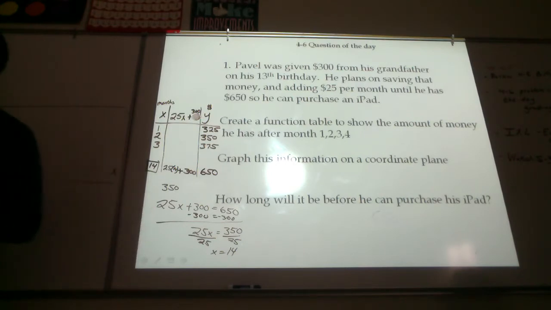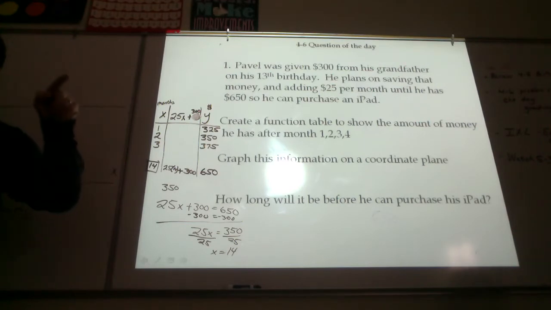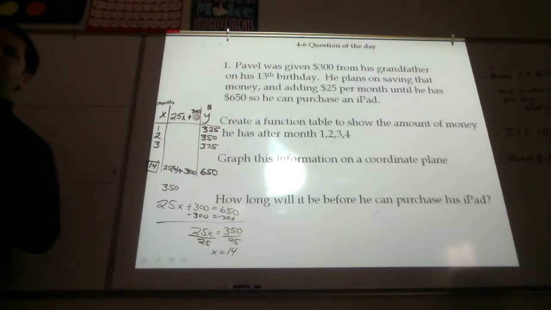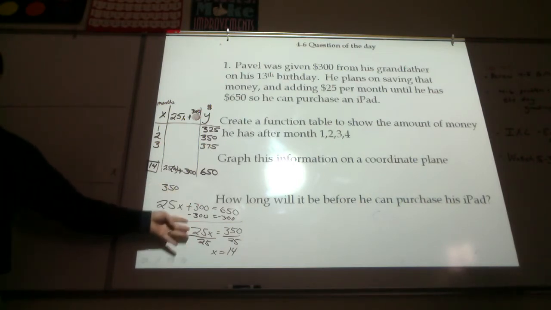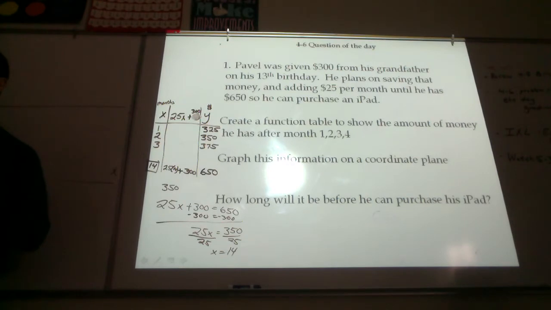Other kids graphed it, connected the straight line, and figured out that it was 14 months. I wanted to see if kids could actually do this part and how they actually solved it. Just to see where we're at algebraically.